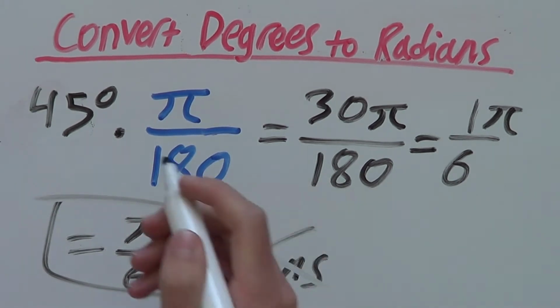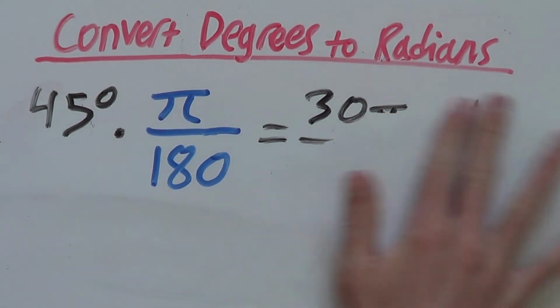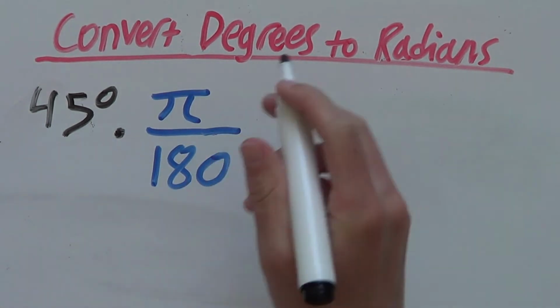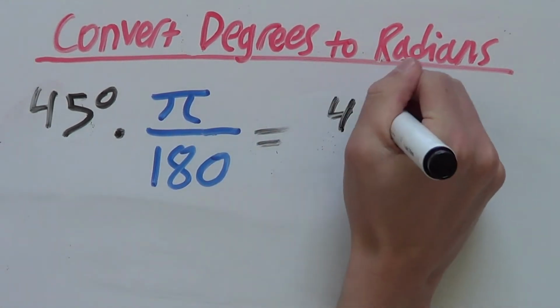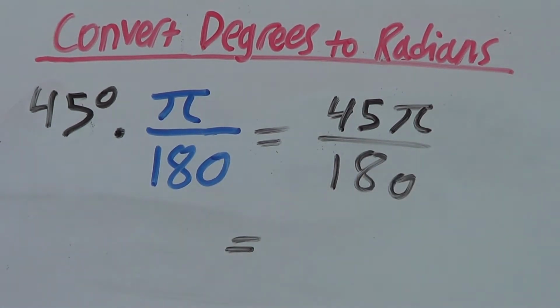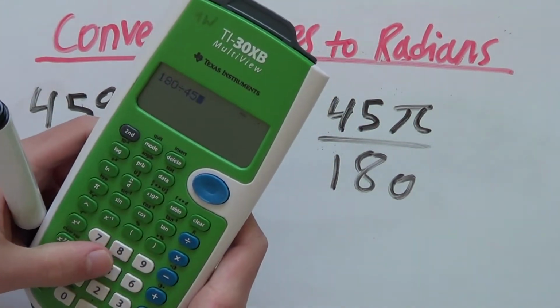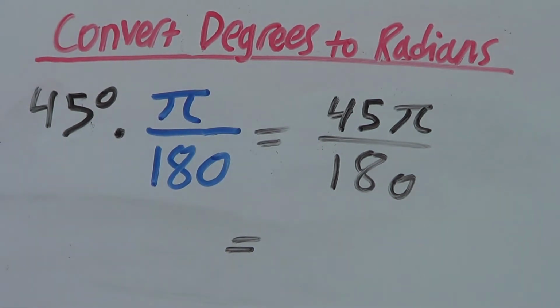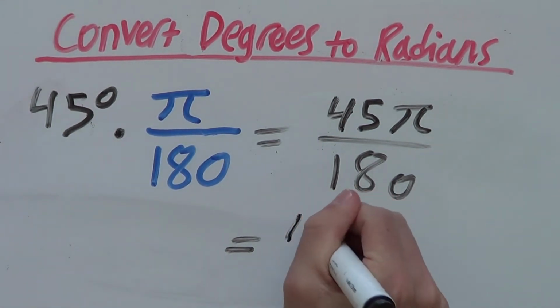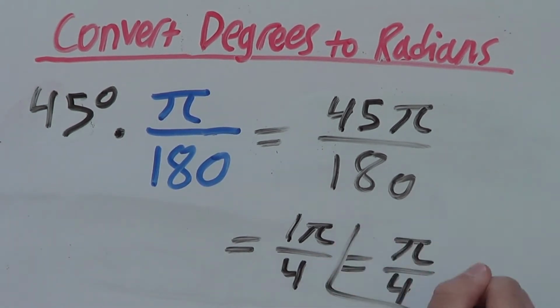So if it was 45 degrees to radians, we'd have 45 times pi over 180, which is just 45 pi over 180, which is equal to, as you can see, 45 goes into 180 4 times, so 1 pi over 4, which is just pi over 4. So 45 degrees as radians is pi over 4.